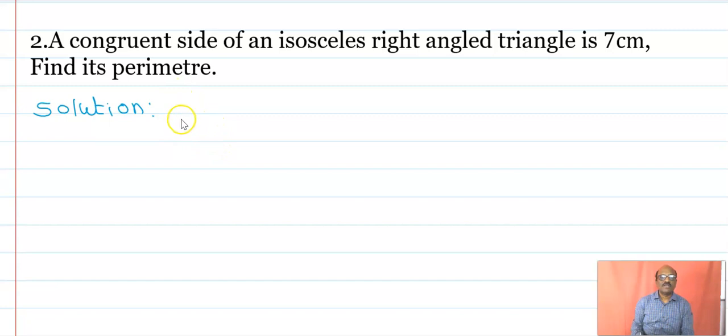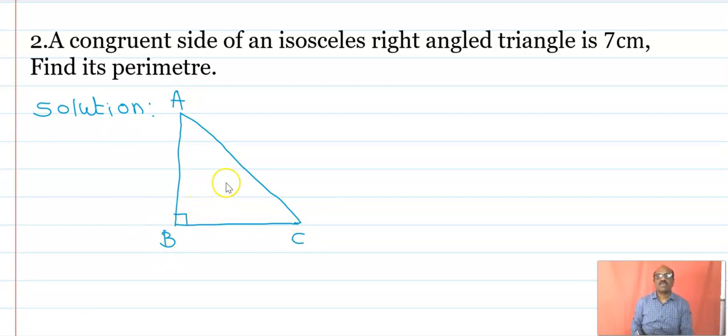Now here we consider the right angle isosceles triangle. Okay. This is triangle A, B, C. Okay. And the congruent sides, that AB is equals to BC, and therefore the 7 centimeter, also 7 centimeter.